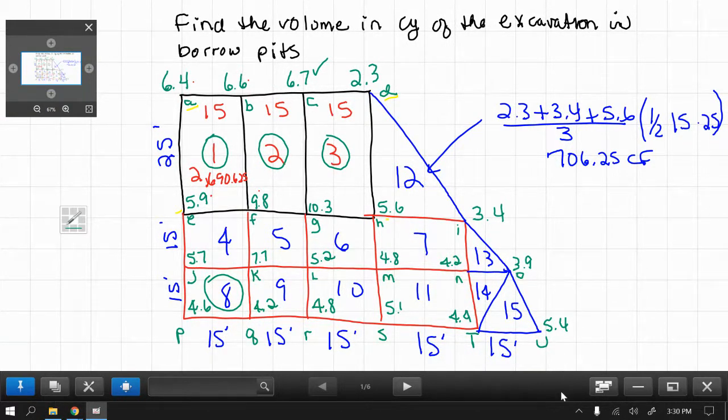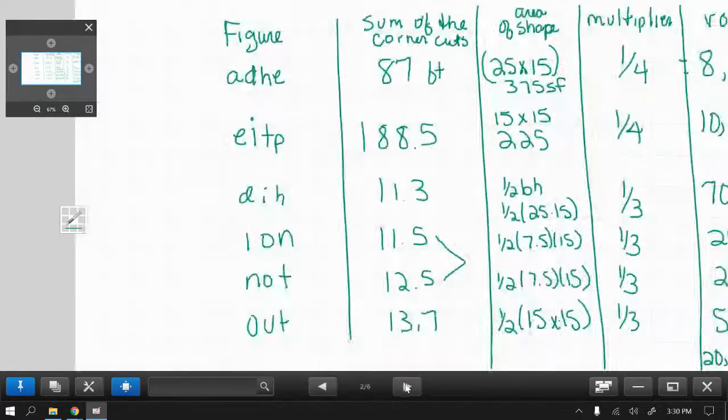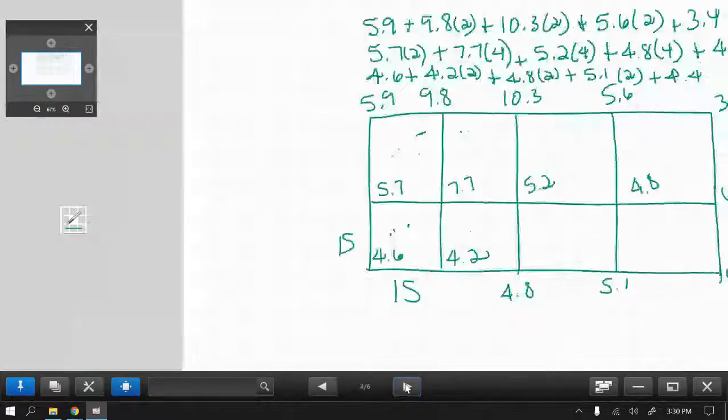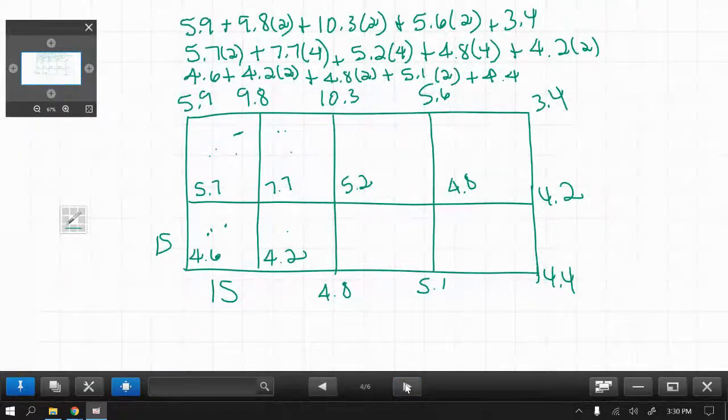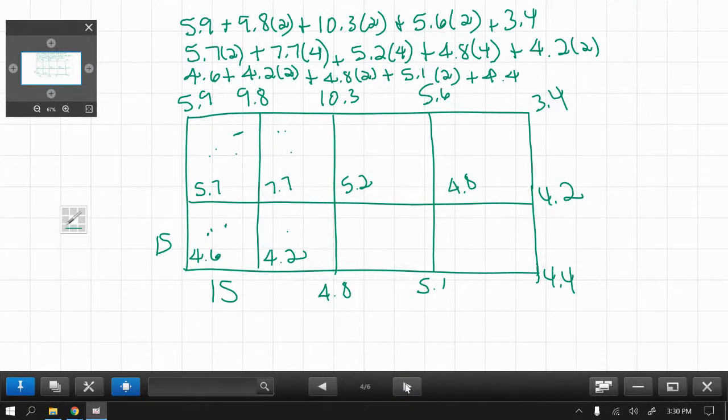Ma'am, can you go back to the page where you were working the squares? That one? Yeah, that one. So for 5-7 you had it touches only 2, right? Right. For 7-7 you had it touches 4. Yeah. It touches 1, 2.